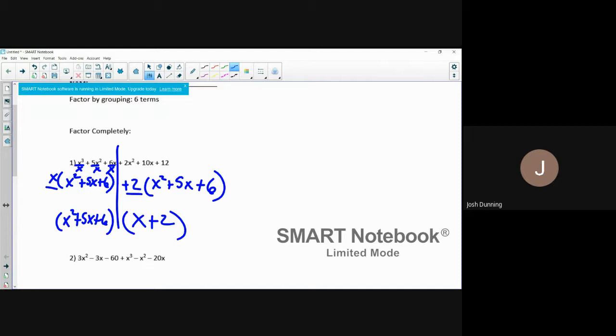Then you got to think, well, hey, that x squared plus 5x plus 6, I can keep factoring that. That's just a regular trinomial. And I can factor it because there are 2 numbers that multiply to 6 and add up to 5. And everything's positive here, easy case. 2 and 3. And just bring the other x plus 2 down.